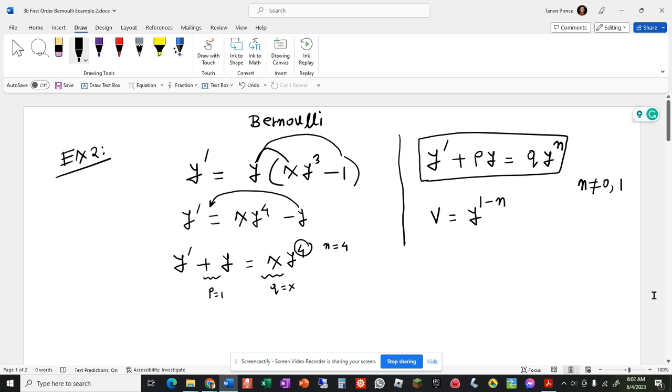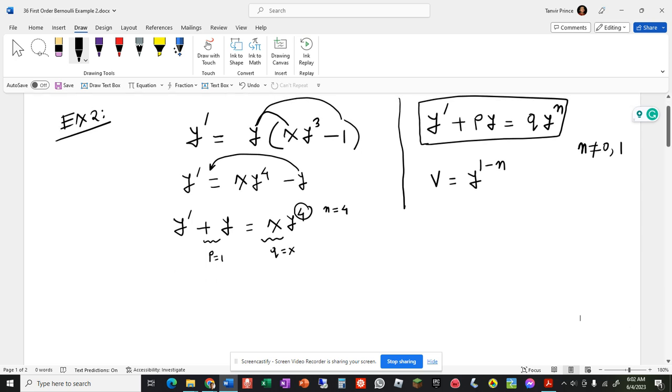So let's do that. I'm going to make the substitution v equal to y to the power 1 minus 4, because 4 is the n. So I get y to the power negative 3, or 1 over y cubed.